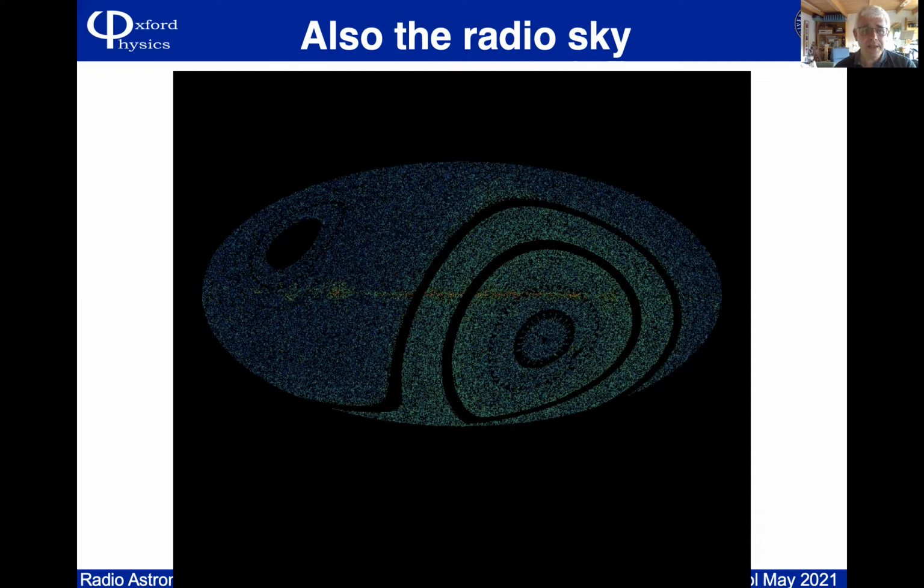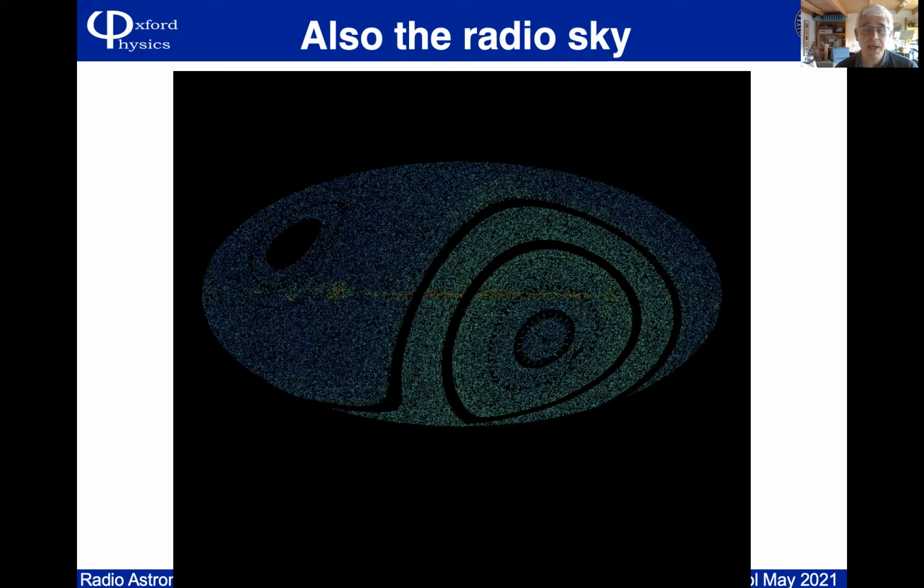What we see instead is a huge number of compact unresolved sources, and the sky is full of these sources. You can see the galactic plane faintly through the center of the image. Those are compact sources within our own galaxy. But apart from that, the sources are spread pretty much evenly over the whole sky.